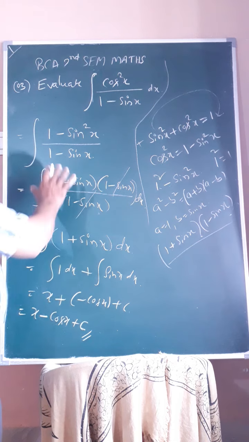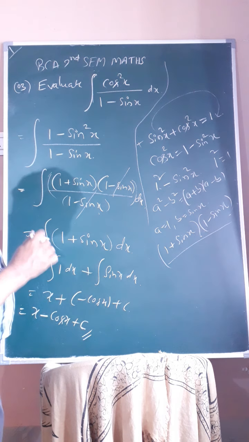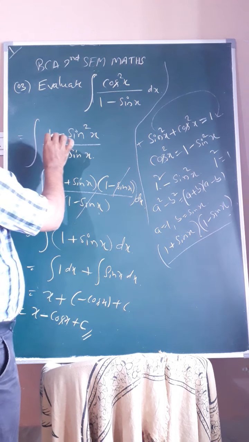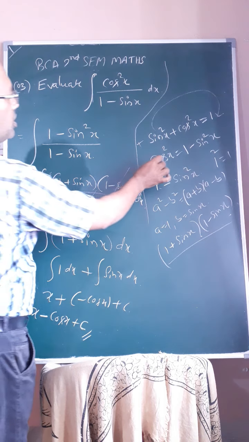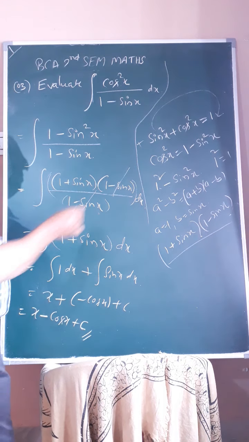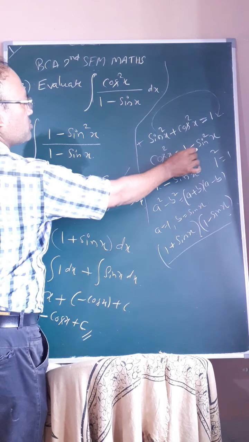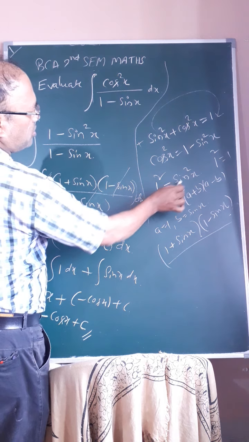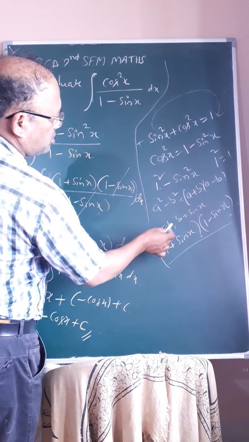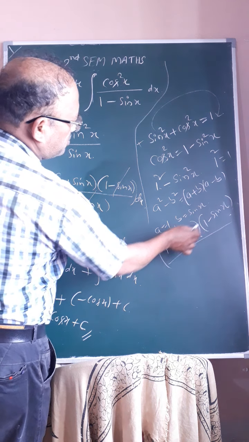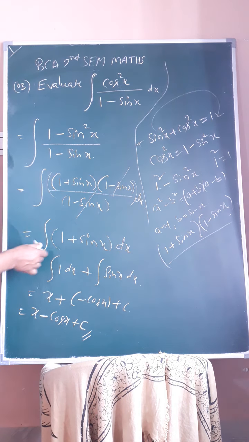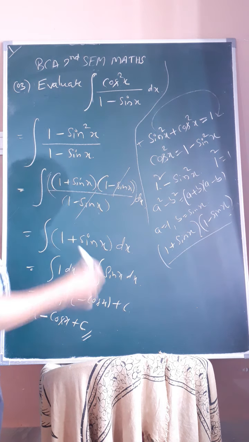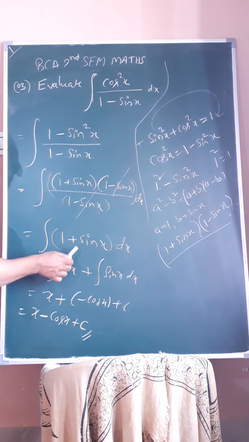Here, what we did in the numerator is write cos square as 1 minus sin square x, and again 1 minus sin square can be written as a square minus b square, that is a plus b into a minus b, that is 1 plus sin x into 1 minus sin x. Then the denominator 1 minus sin x cancels with the numerator 1 minus sin x. 1 plus sin x remains.